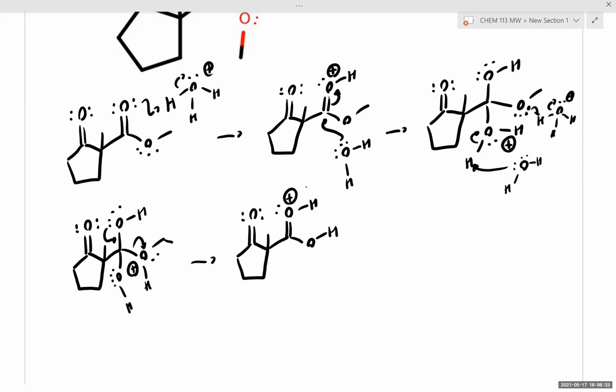So would anyone like to try to pick up where we left off and continue on with this mechanism? Does anyone have any thoughts on this mechanism as we work through this example?